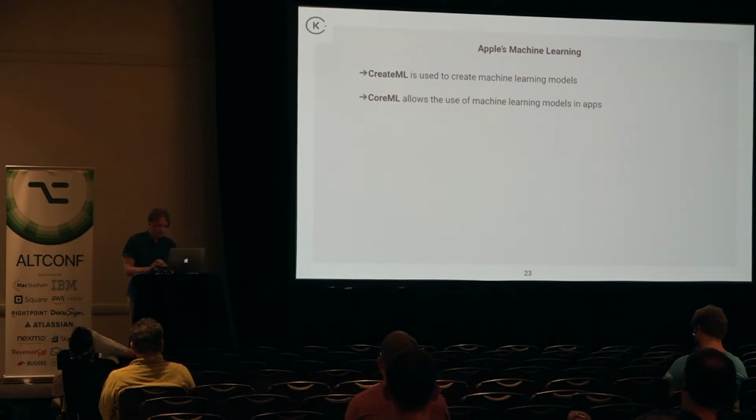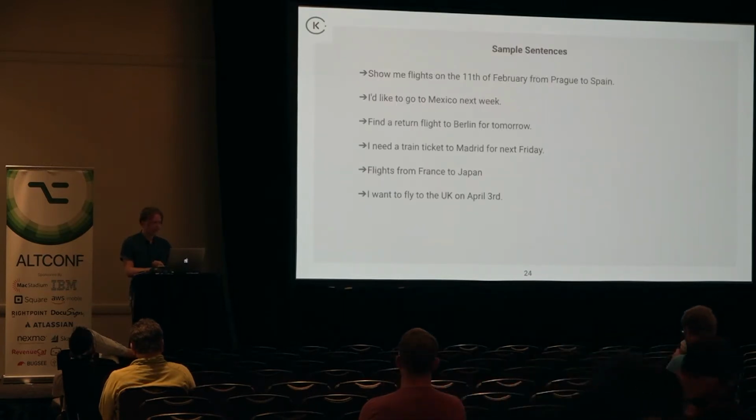So to start making a model, we need some inputs, some samples, and in this case there will be sentences that the user might say. I've chosen these 6 because they're, at least to me, quite representative.